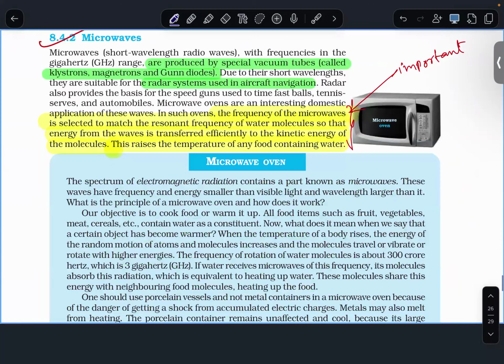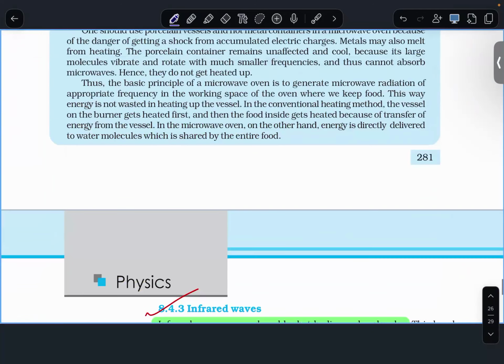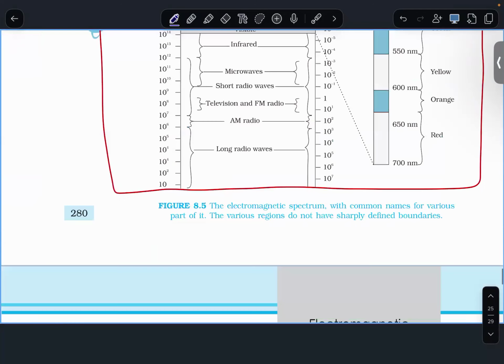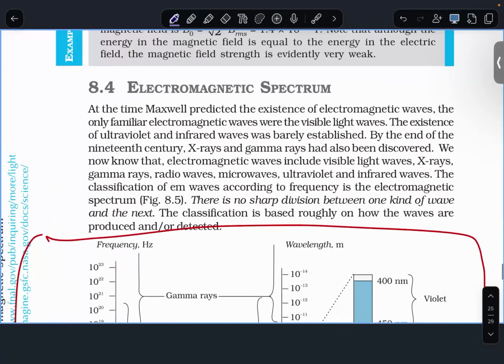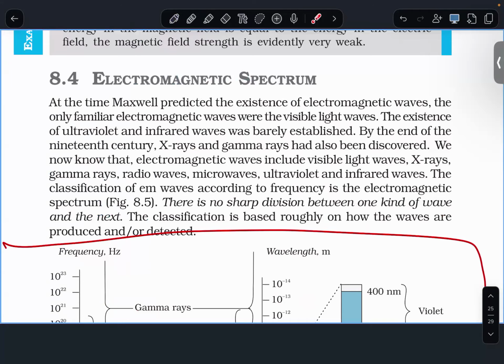Okay, right. So now we will start with the electromagnetic spectrum. This is purely NCERT oriented. I told you Maxwell predicted the existence of electromagnetic waves on the basis of his equations. 20 years later, they were produced and detected by Hertz.